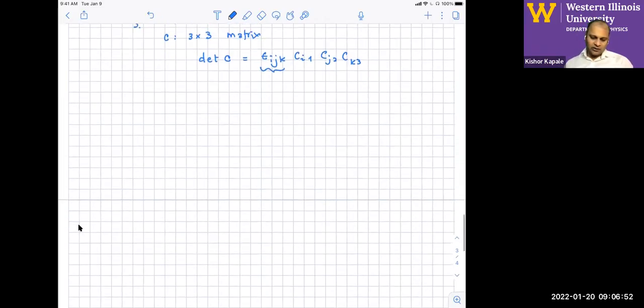You can do the row-wise expansion also, where you would get epsilon ijk c1i, c2j, and c3k. So that's a row expansion. This is column-wise expansion.